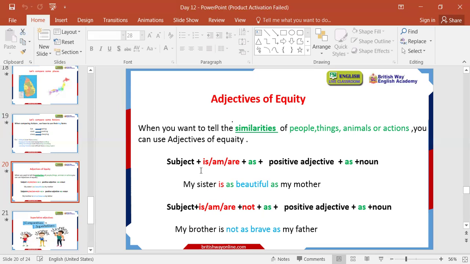She is not as proud as her friend. You are not as fat as your brother.